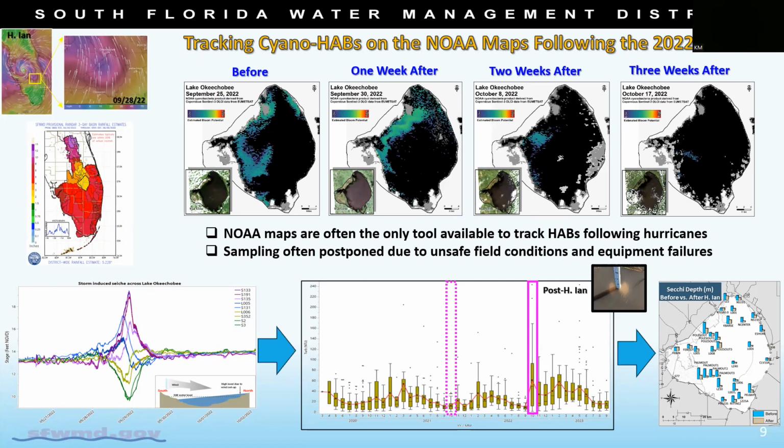When the winds were coming from the south, the stage increased by 6 meters or even higher in the northern part of the lake, while the bottom was almost completely exposed in the south. We had dead fish lying there that suffocated because the bottom was completely exposed. Then the stage stabilized, but the water still wobbles, and that is creating a lot of turbidity, and you can see it on the graph. So the average turbidity increased.